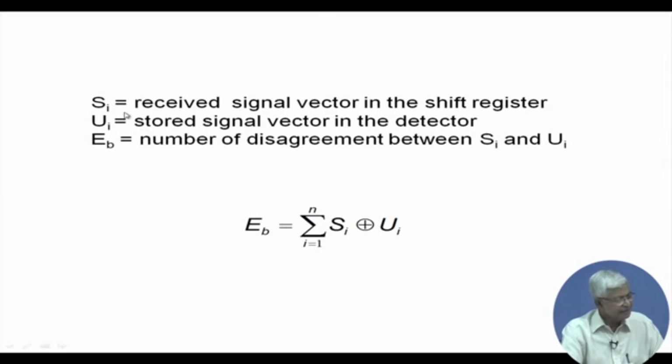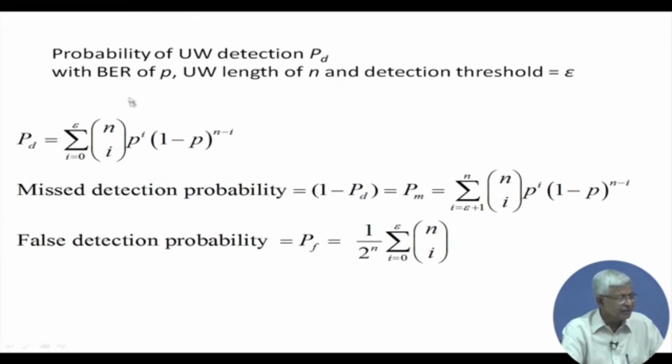It can be said mathematically: S_i is the received signal vector in the shift register, U_i is the stored signal vector in the detector, and E_b is the number of disagreements when you do a modulo 2 addition over the n number of bits. The probability of detection, with tolerable error up to epsilon, is the sum over i equal to 0 to epsilon of nCi p^i (1-p)^(n-i), where small p is the bit error probability and small n is the length of the Unicode.